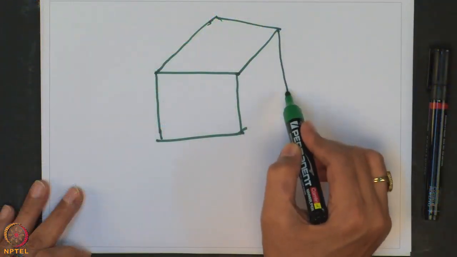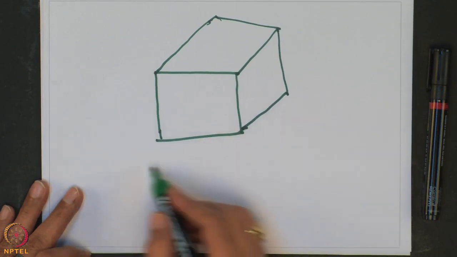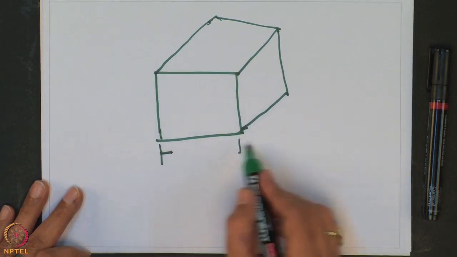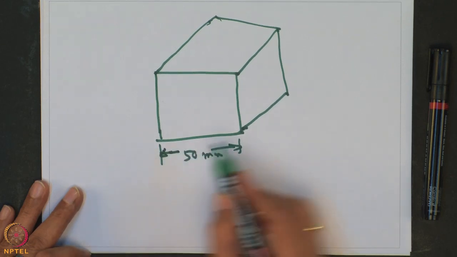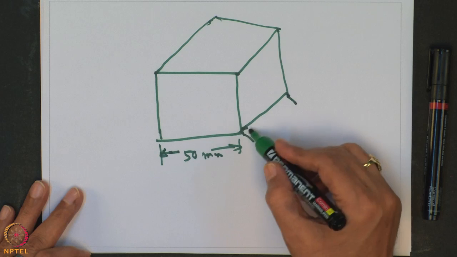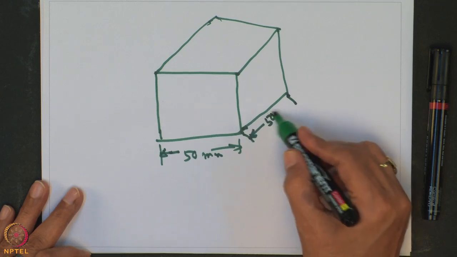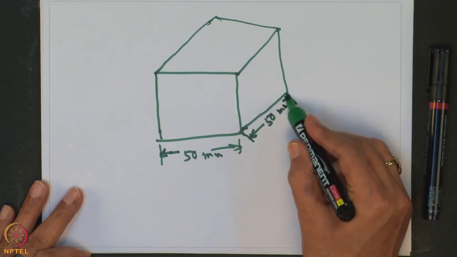You can make the EPS specimen generally, and this is 50 millimeter. It is a cube, and this also is 50 millimeter.